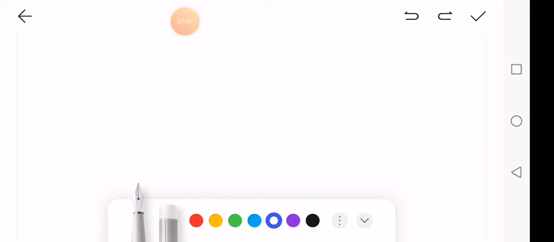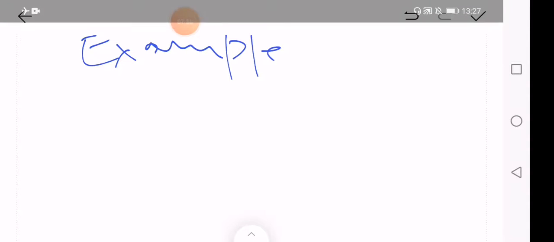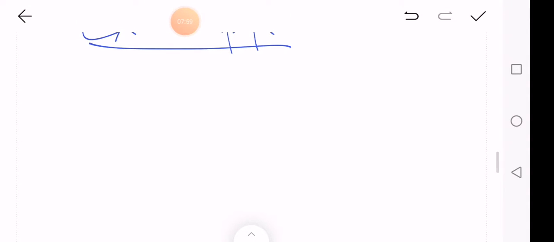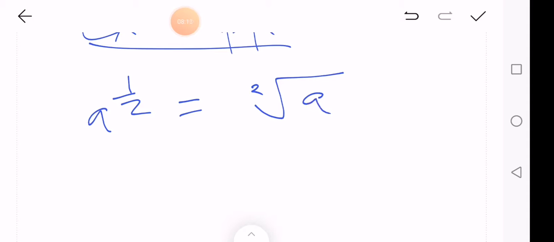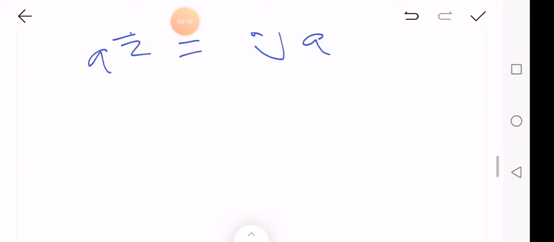Okay, so let me make an example now using a different color. If we have a number a to the power half, this is the same as the second root of a, and we may ignore the 2 if it is half.